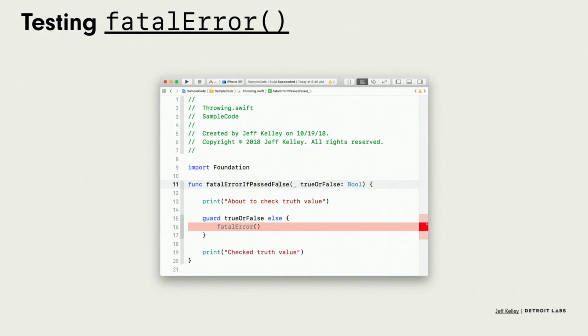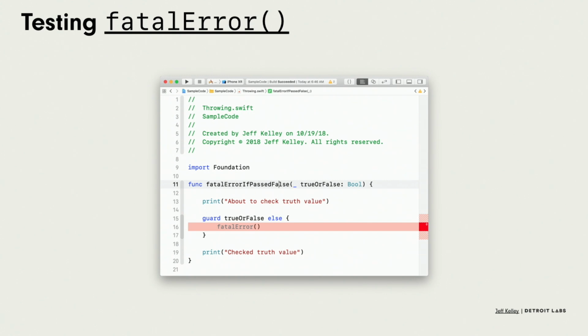Now, code coverage itself is not the be-all, end-all tool for testing your app. All it tells you is which lines executed when the tests ran, just which lines of code were run. But we can't test that with fatalError, because if it ran that line, it would have crashed. It's a fatal error. That's what fatalError does.